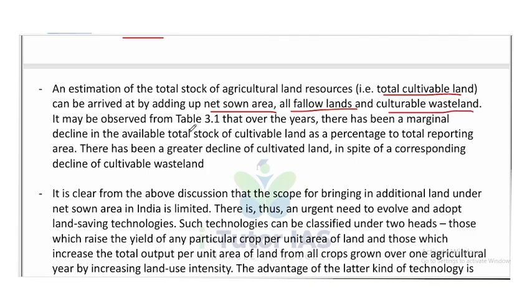It may be observed that over the years there has been a marginal decline in the available total stock of cultivable lands as a percentage of total reporting area. Now, there has been a greater decline of cultivated land in spite of a corresponding decline of cultivable wasteland.